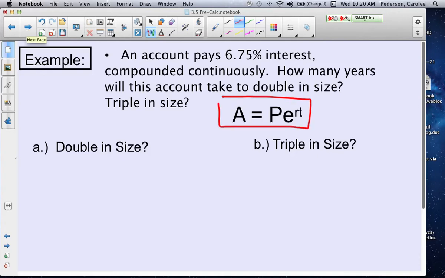Why do we know it's that formula? Because it's compounding continuously. You can also do the same question if it's compounded monthly or yearly or daily. You just have to choose the other formula on that slide 2 ago. I'm just going to do one of these, and if you want, you can do the other one, part B.